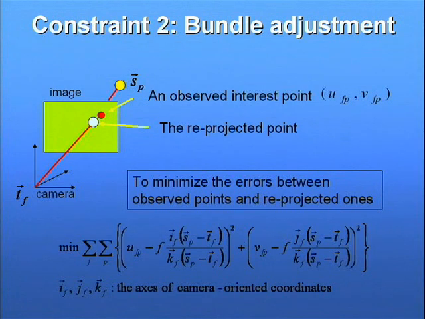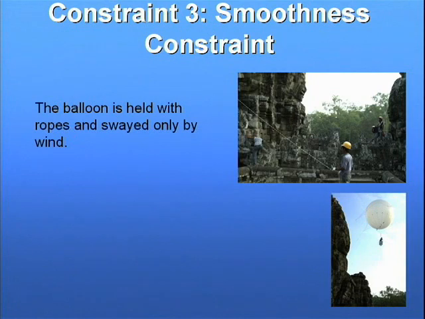Third constraint. The reason why I avoid a helicopter and use a balloon is that the balloon's motion is smooth, while a helicopter has high frequency vibrations.